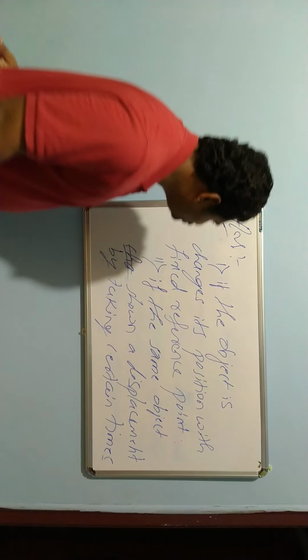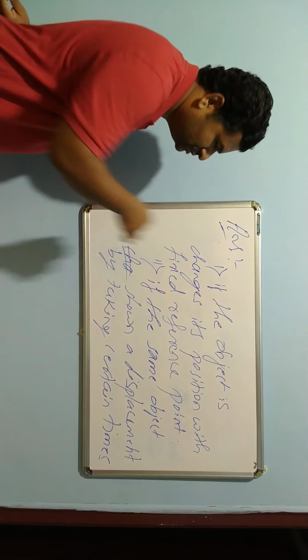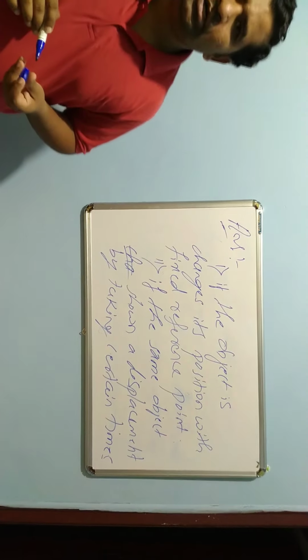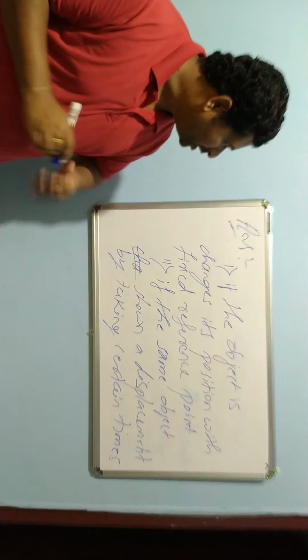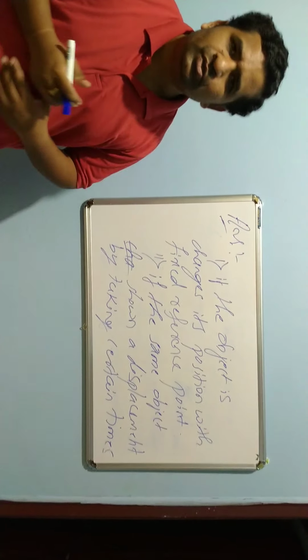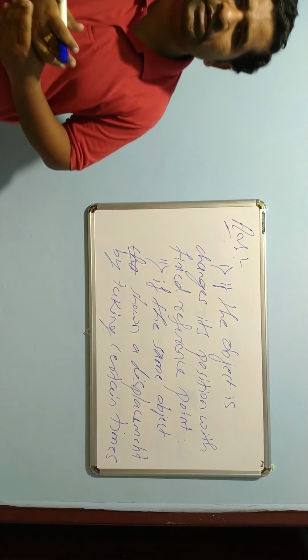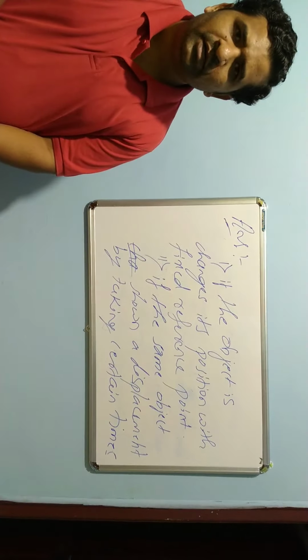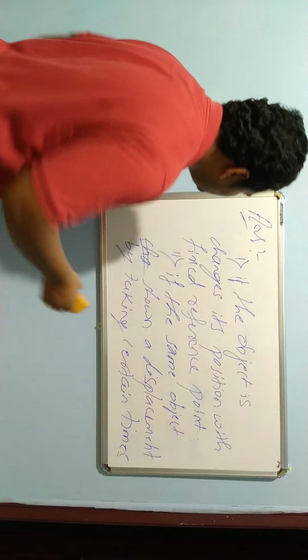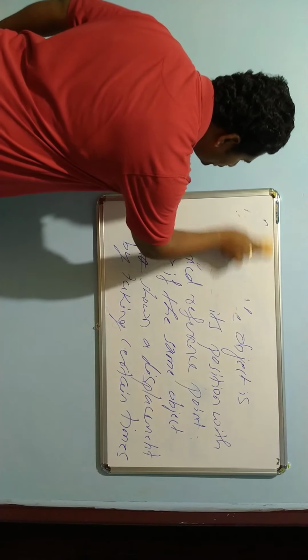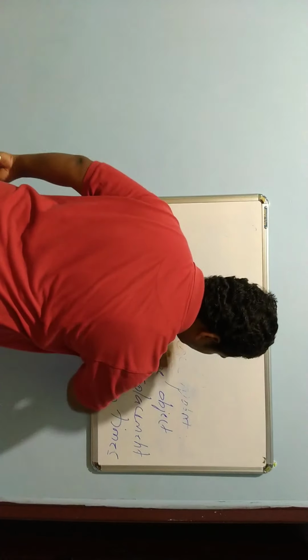So with these two conditions, it is possible for us to say whether the object is in motion or at rest. Now I want to give you the examples for this.